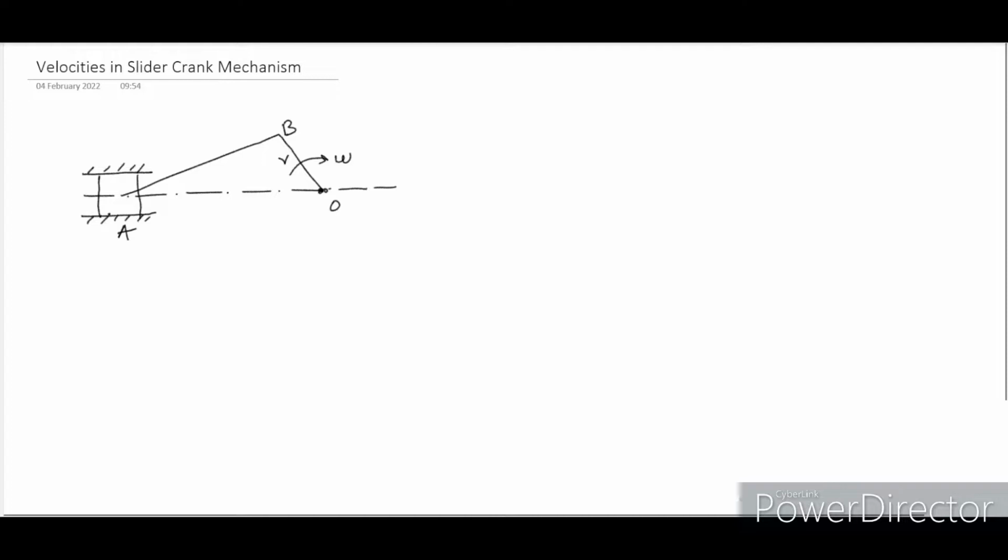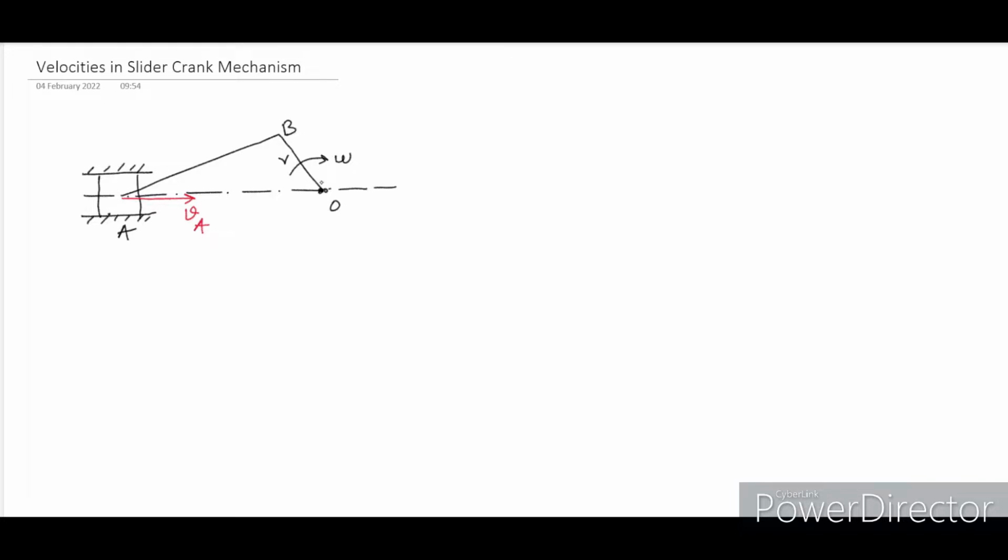Point A has a velocity, let's say VA. Obviously, it will be in the horizontal direction, and its direction for this particular configuration will be towards the right, because the crank is rotating in the clockwise direction.